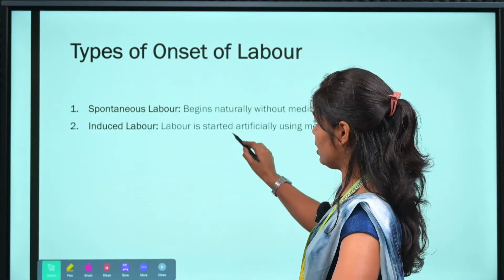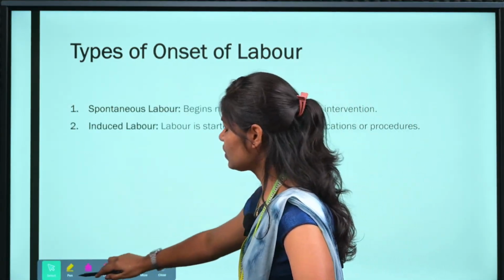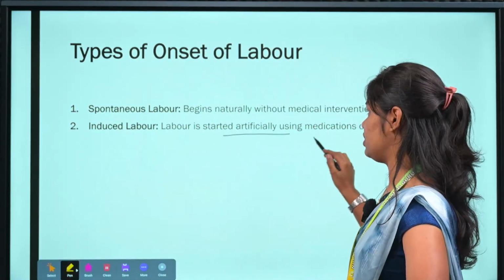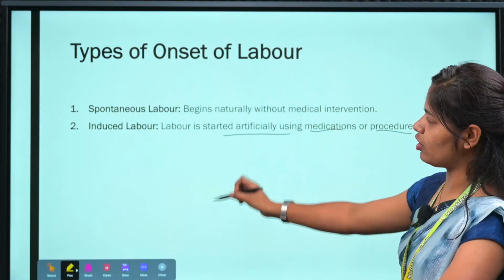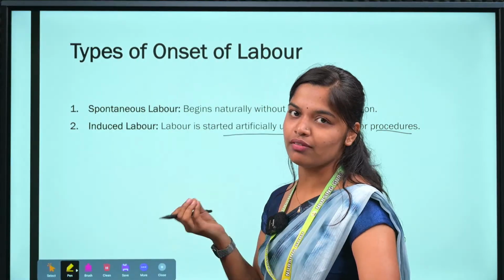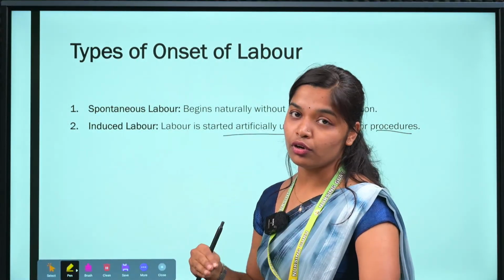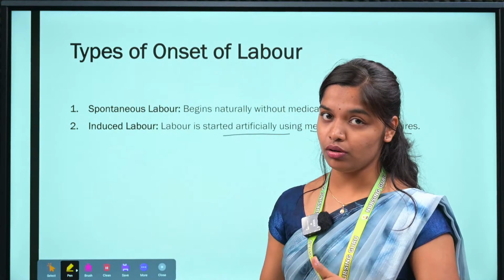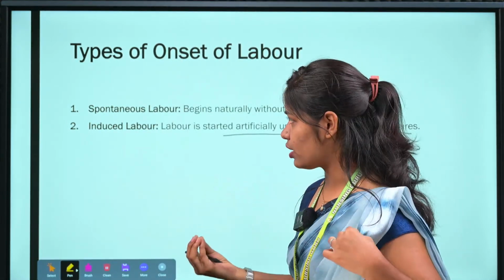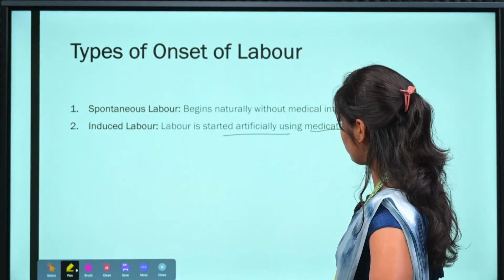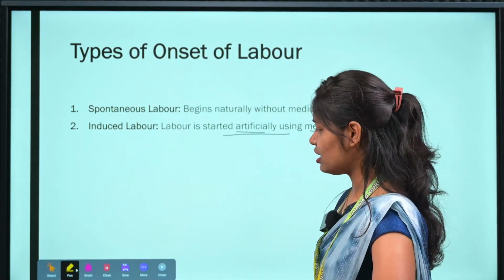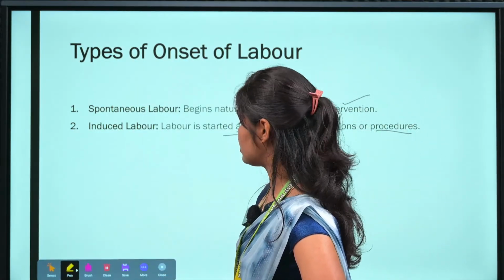If we conduct the labor or delivery using artificial medication or a procedure, that we call induced. Spontaneous means without any medication, a normal vaginal delivery, preceded by cervical dilatation, thinning and uterine contractions. If these do not happen, we do it with artificial medication. These are the two types of onset of labor.